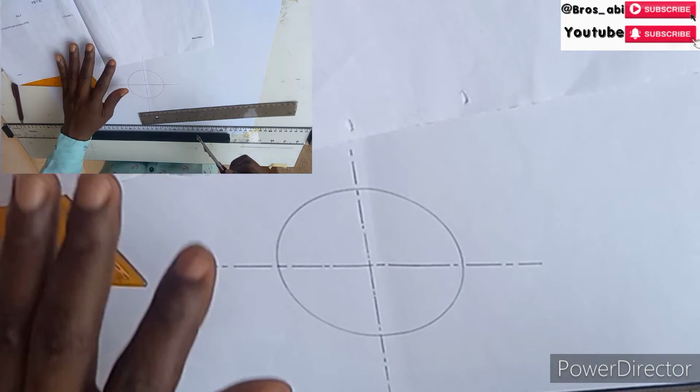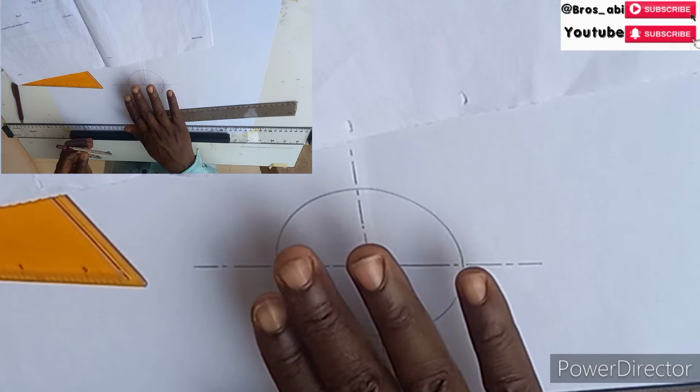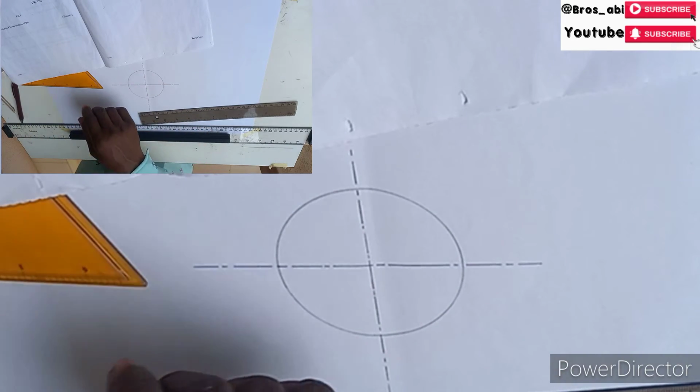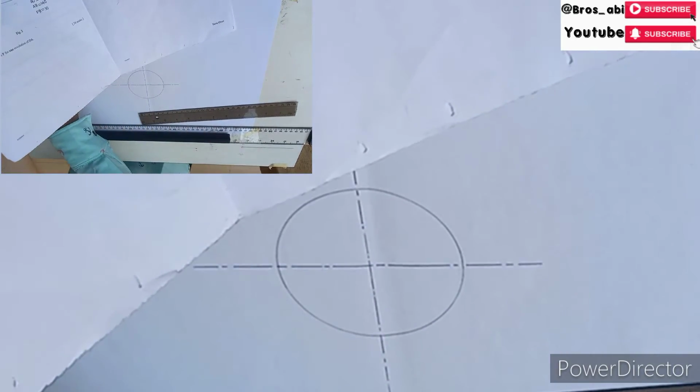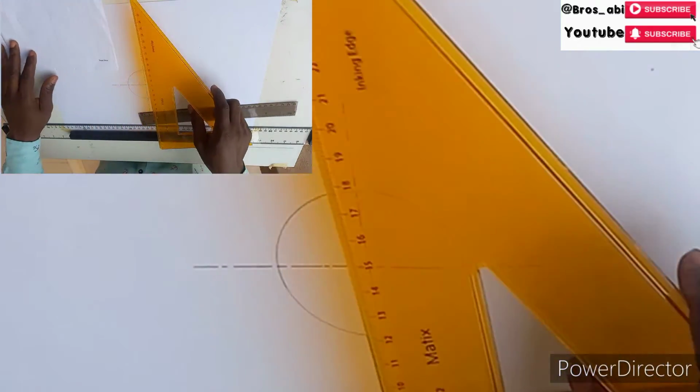Now I'll divide the circle into 12 equal parts using your set square, 30 by 60 degree set square.